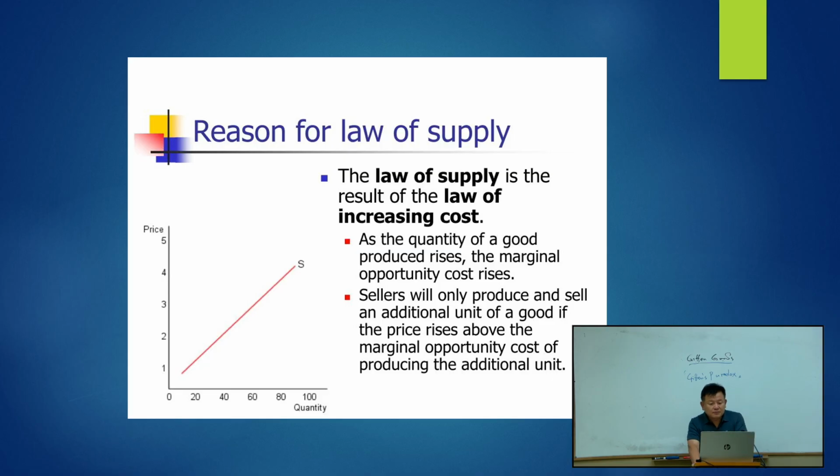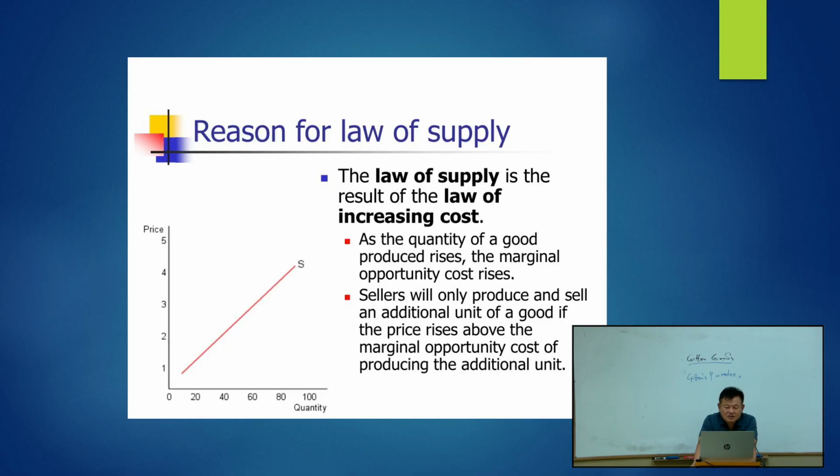The law of supply is the result of the law of increasing cost. Finally, prices increase, and then the suppliers increase the goods and services. So the keyword is result, the final result of the law of increasing cost.